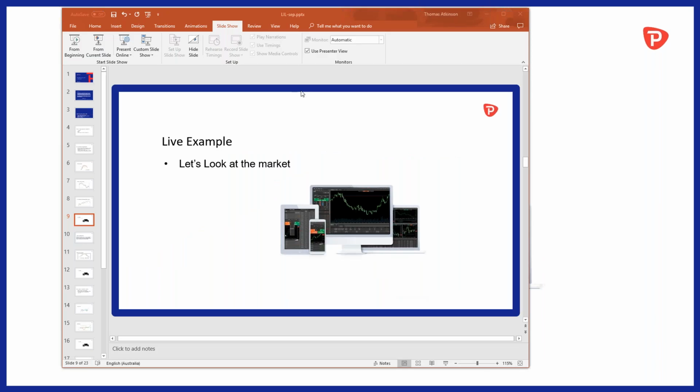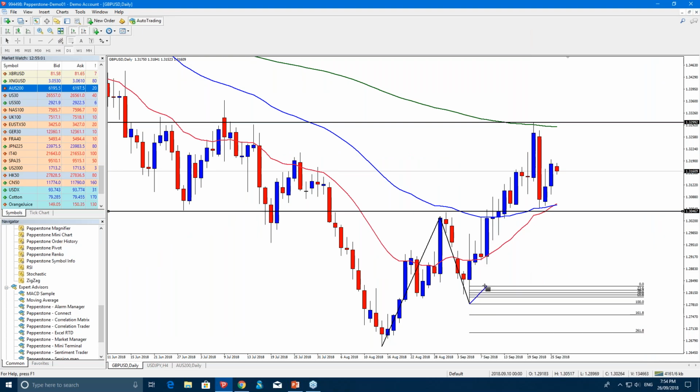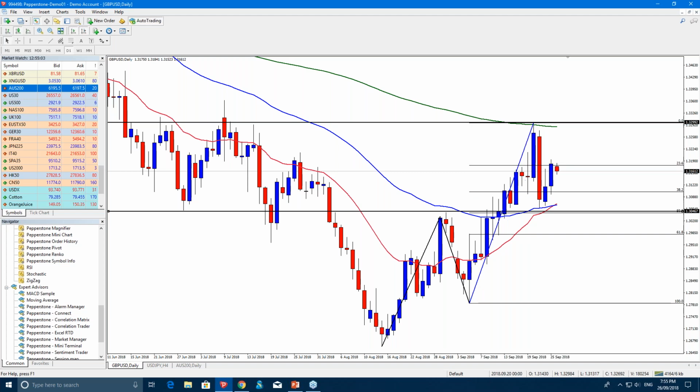Now, to give you a bit of an example of that, some people measure from the open or the close, or the top of the body or the bottom of the body, but it's better to take that subjectivity out of it and try and make it as consistent as possible. So as we can see, we're drawing a Fibonacci line here. See how we're going from the very bottom range of that swing. We're ignoring the body of the candle, and we're actually going from the bottom of the wick to the top of the top wick, which is right at the top of the 200 moving average.